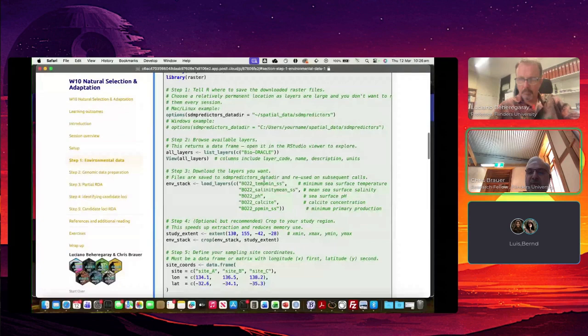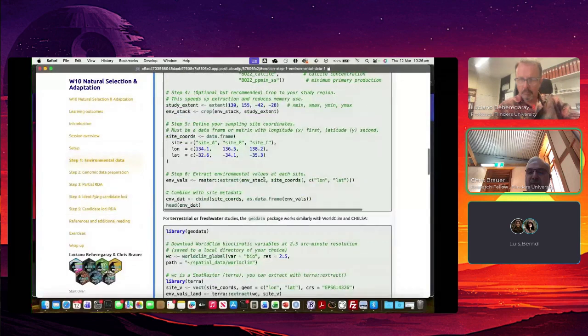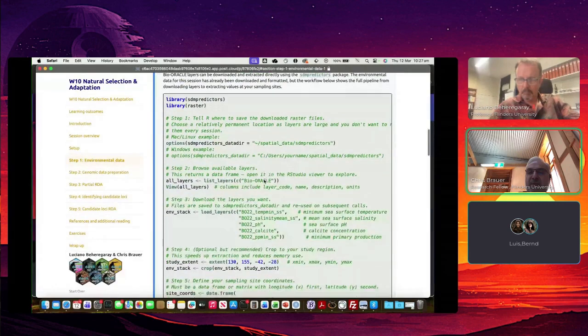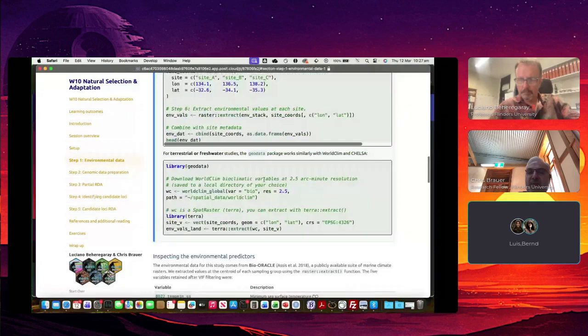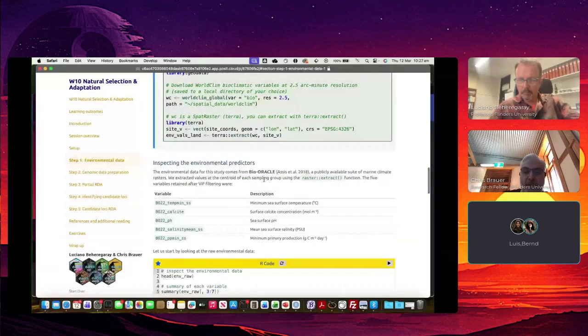So you can copy and paste this and go through and figure it out for your own data. And there's just a couple of different R packages here, so sdmpredictors and geodata, that are specifically for downloading particular environmental data sets.